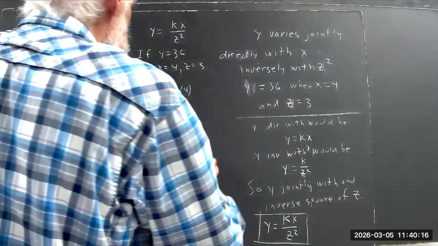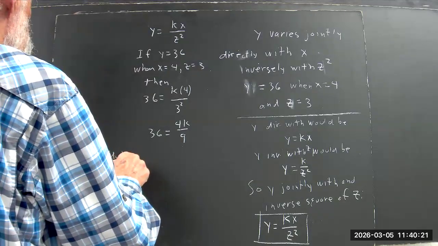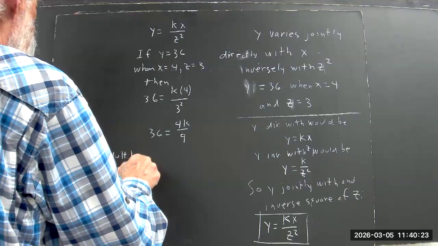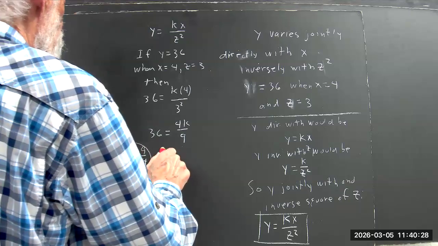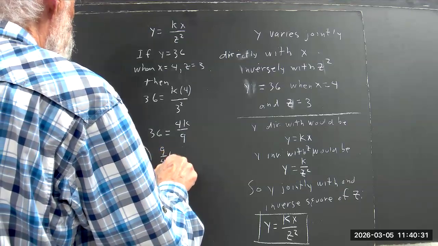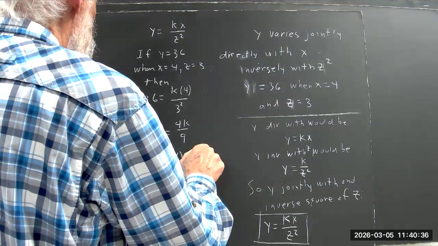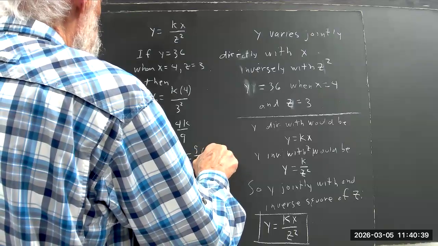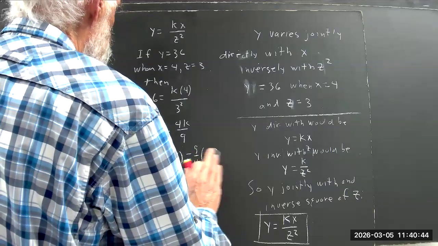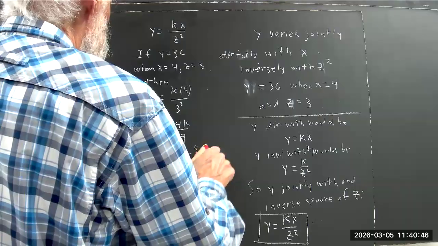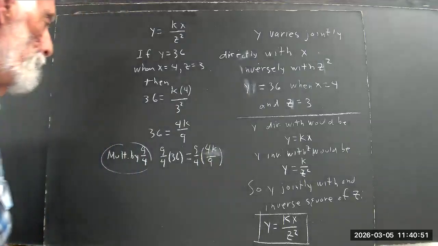We multiply both sides by 9/4. We get 9/4 of 36 equals 9/4 of 4k over 9.